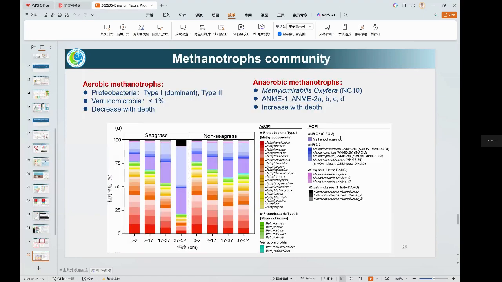The aerobic methanotrophs, we can see they are enriched in the upper layers, but the anaerobic methanotrophs mainly increase with depth.